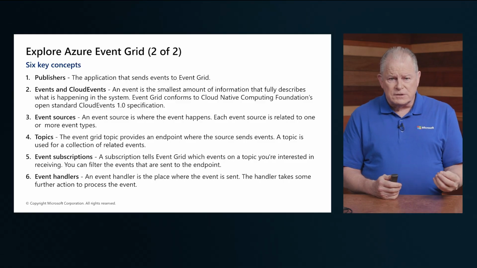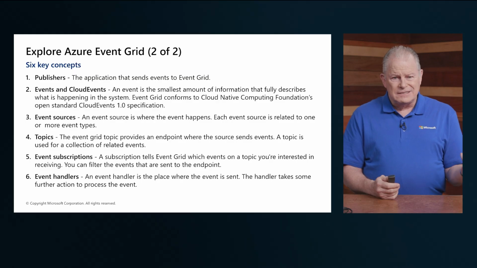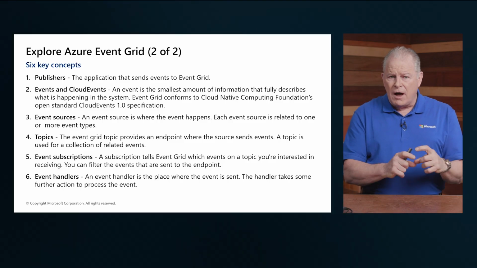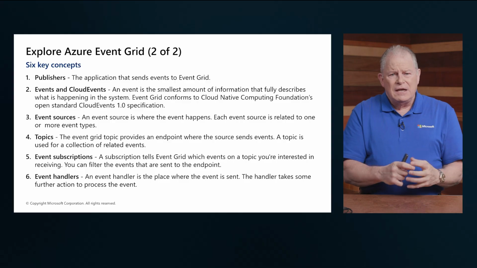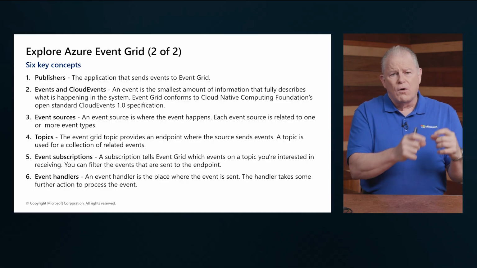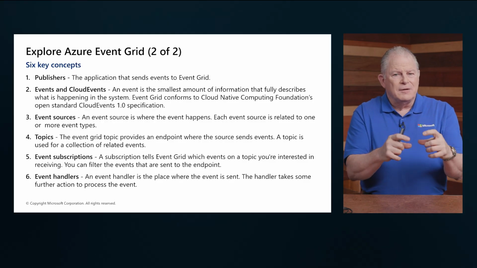We have the event sources, the generating activity that is at the source of the resources that are being put into the event grid. We get the topics, which defines the category. Now, you could have a topic that says this was a storage account creation or a storage account item deletion.